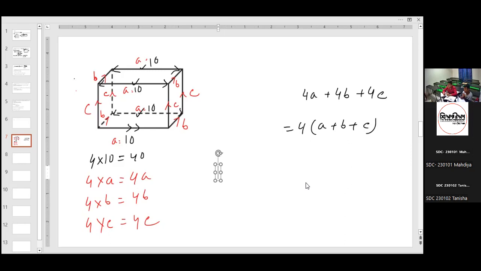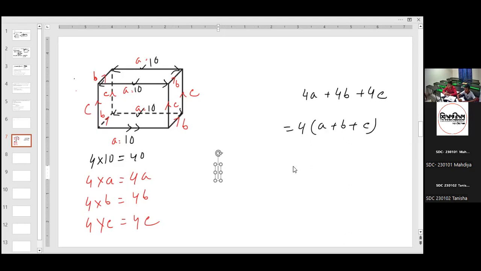You have to keep the answer in algebraic expression. Okay, sir, got it.